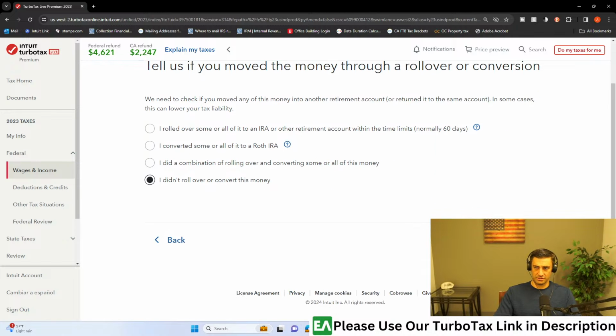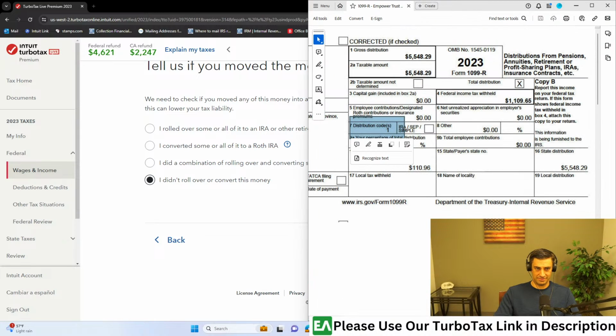We have a question. Will there be penalties if the box is checked on one and not the other? I'm assuming we're talking about the IRA box. Yeah, taxes are so specific, right? Essentially, it's kind of weird.